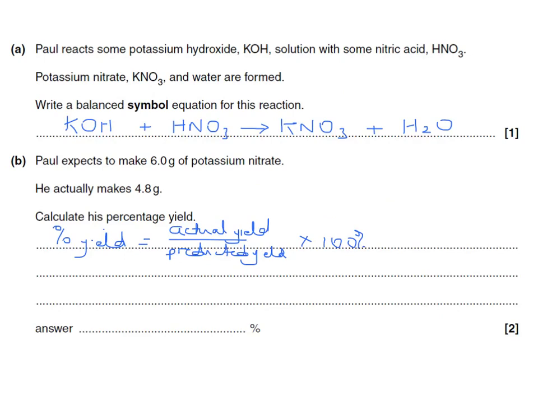The actual is the 4.8, so that's going to be 4.8 grams over 6.0 grams times 100%, and this comes to 0.8 times 100%, which is 80%.